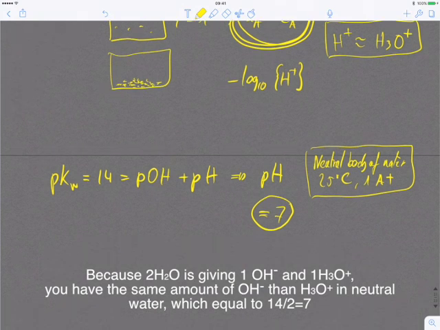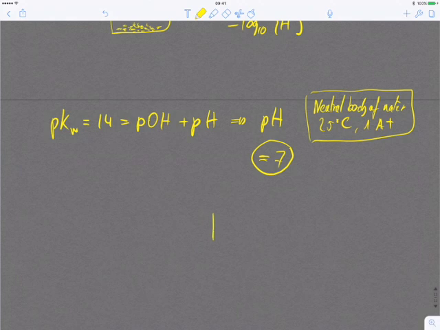So if you have a scale, 7 will be your neutral pH because any body of water, where you're not adding any acid nor base, just pure H2O, will have a certain amount of dissociation of this water into OH and H+. This will give you 10 to the power of minus 14 and a pH of this water of 7 and a pOH, of course, of 7 too.